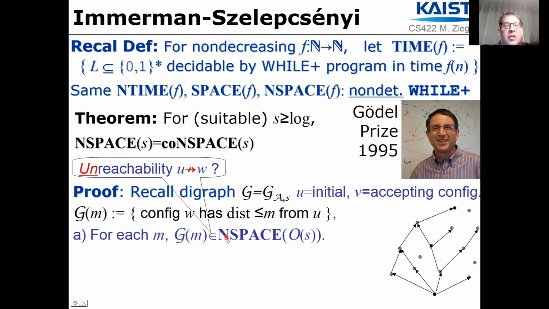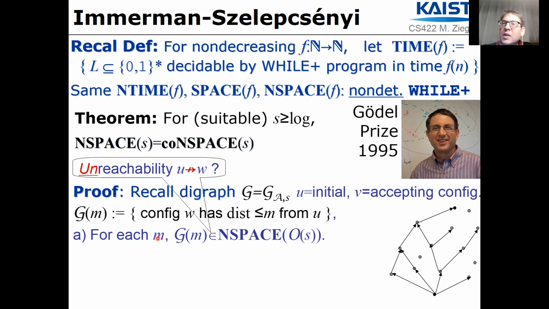This is not about unreachability, but this is about reachability. And the proof idea here is pretty simple. Simply guess a path from the start configuration to the given configuration, right? Not all the N configurations, but keep a counter M and always guess a successor configuration.